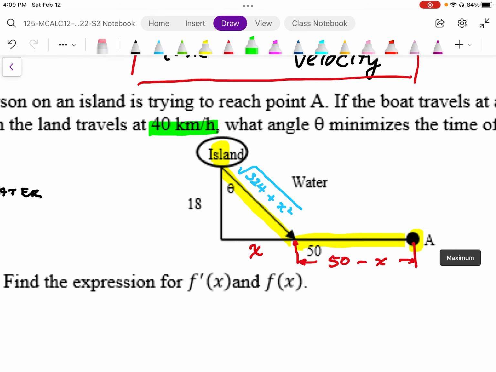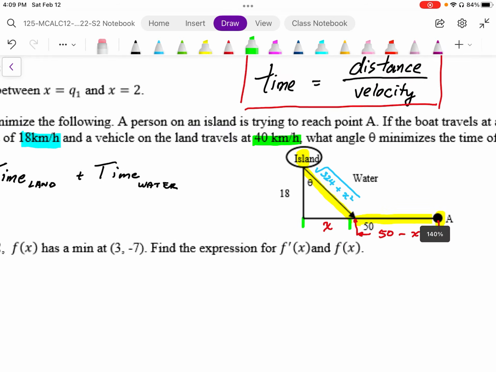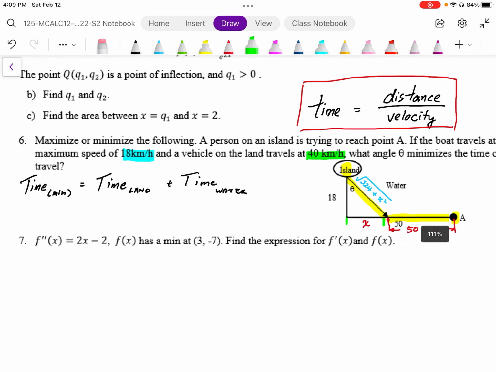We've set up this system here. We're going to let the distance from this point to this point be equal to x, and then that makes the distance on the land, since the whole distance is 50, 50 minus x. Okay, so I'm going to start setting this up a little bit here.